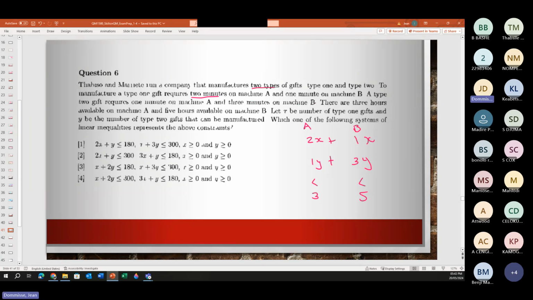Okay, so first I made a simple mistake. 2 minutes, 1 minute, 1 minute, 3 minutes, so that's fine. But 3 hours is not free. 3 hours must be 180. 5 hours is not 5.